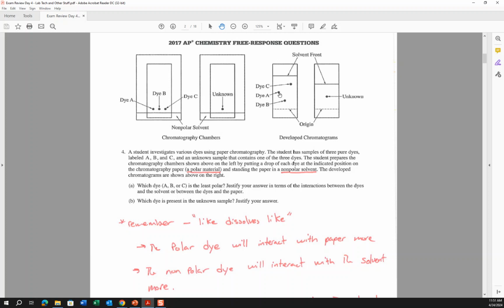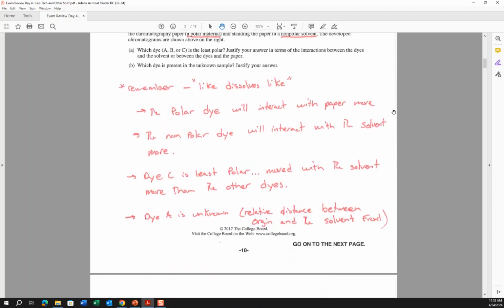It's really the ratio between the starting point and the ending point of the solvent. The end point of the solvent is called the solvent front, and then you have where it started, or the origin. Dye A is halfway between the starting point and the solvent front, and the unknown is also halfway between the starting point and the solvent front on this piece of paper. So we would expect this unknown dye to be dye A, okay?